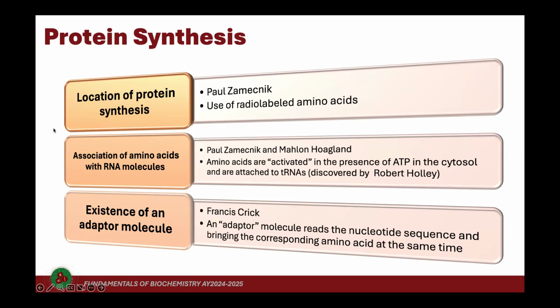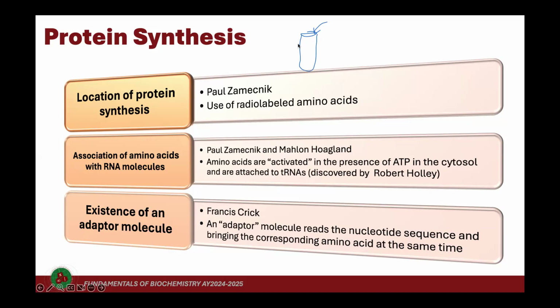He had his cells and he fed these cells with radio-labeled amino acids. These radio-labeled amino acids will eventually be used by the cell in protein synthesis.